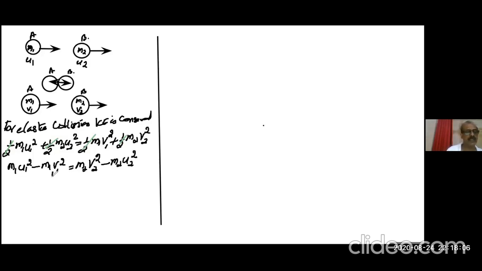Here m1 we can take outside: m1 into u1 squared minus v1 squared is equal to m2 into v2 squared minus u2 squared. This is equation number 1.